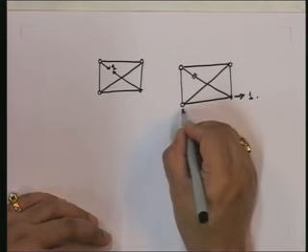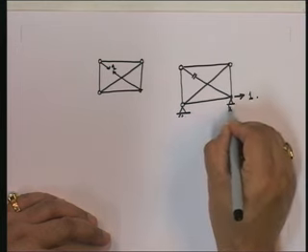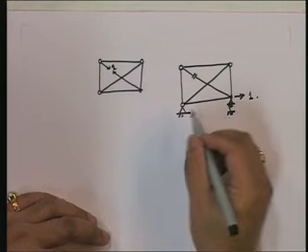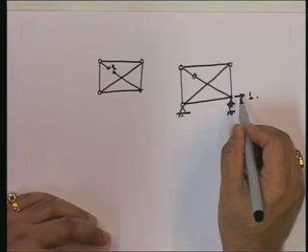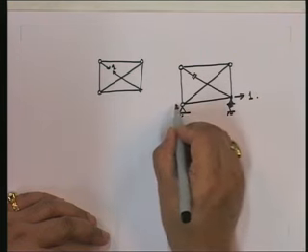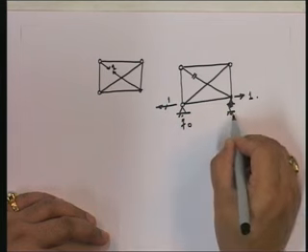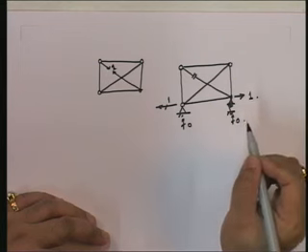Okay? And now let's look at what happens. This is my flexible support. As far as the forces are concerned, let's see what happens here. If I apply a unit force here, then the reaction is going to be 1, and these reactions are going to be equal to 0. What does that mean?